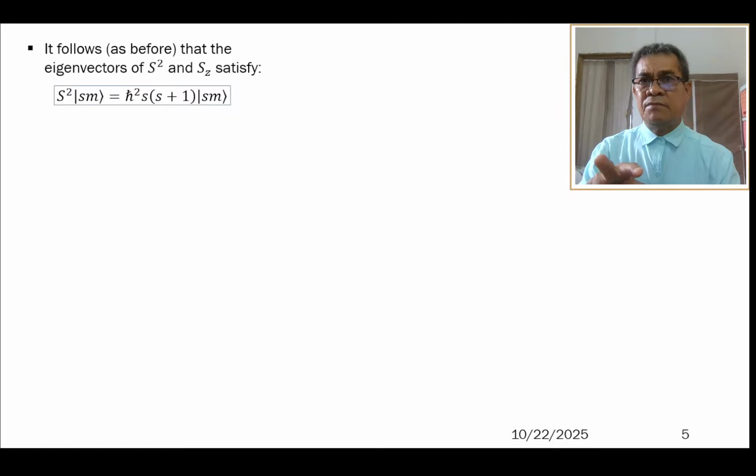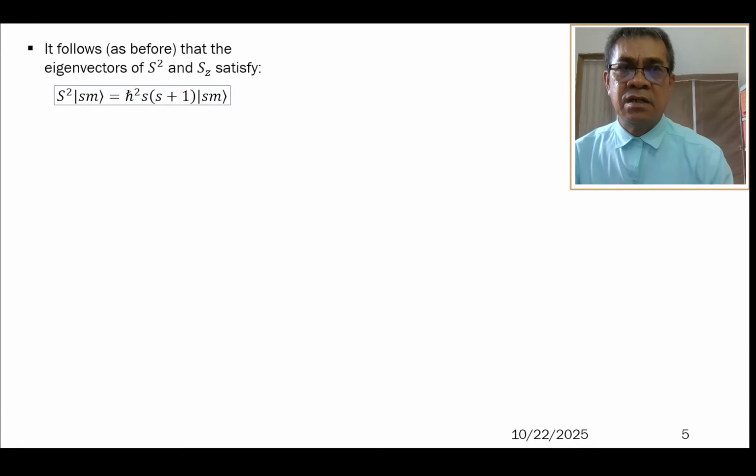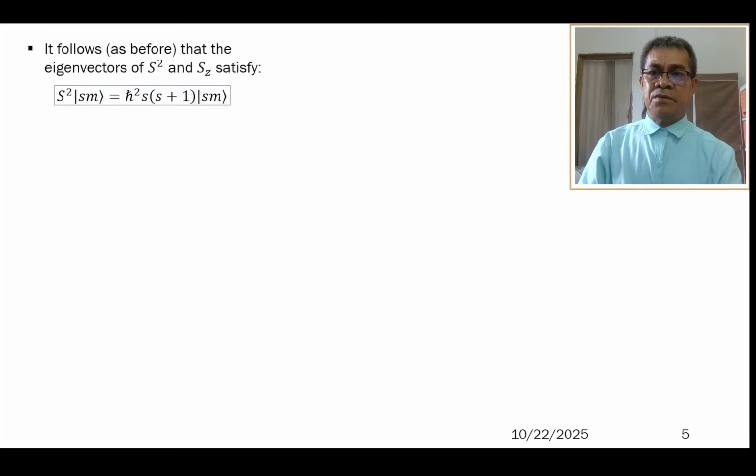This is again replicated from the orbital angular momentum. In our previous lesson, we have L squared that acts on the harmonic function, which is the angular function in terms of l and m, and it is equivalent to h bar squared times l times l plus 1 times the eigenfunction.